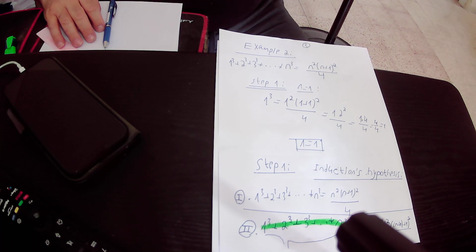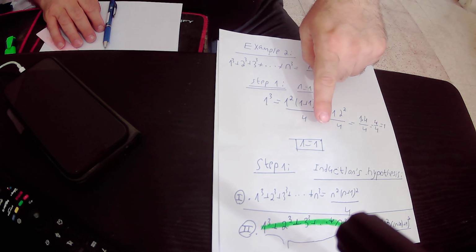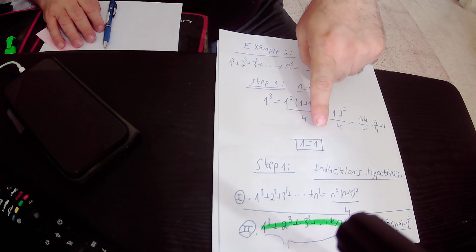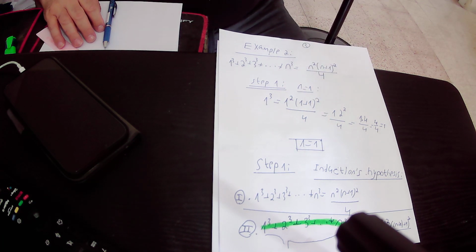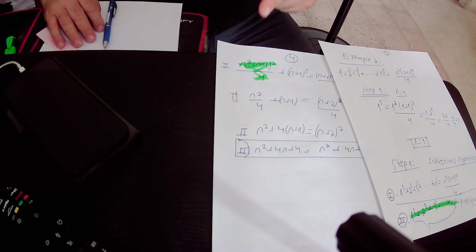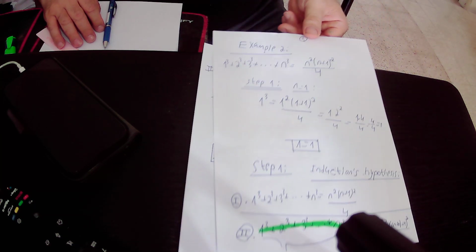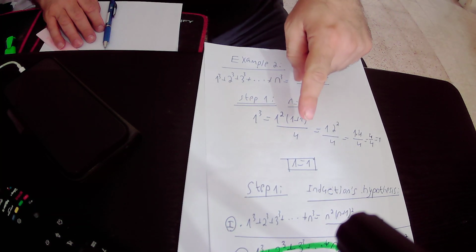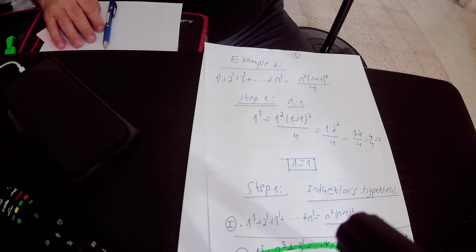And in this way we proved that it is true for all natural numbers, because we actually verified that it's true for n equals 1. And from our general proof that if it is true for n, it is also true for n plus 1, we can say that if it is true for n equals 1, it's also true for n plus 1, that is n equals 1 plus 1.